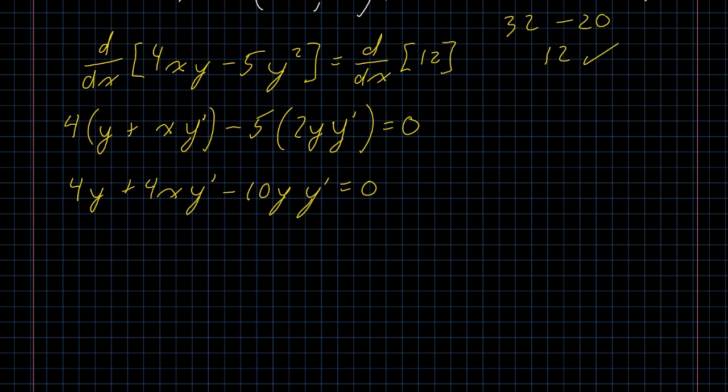My goal is to solve for y prime, and I've got y prime appearing more than once. So, well, I guess get rid of that 4y first of all. That's going to be in the way.